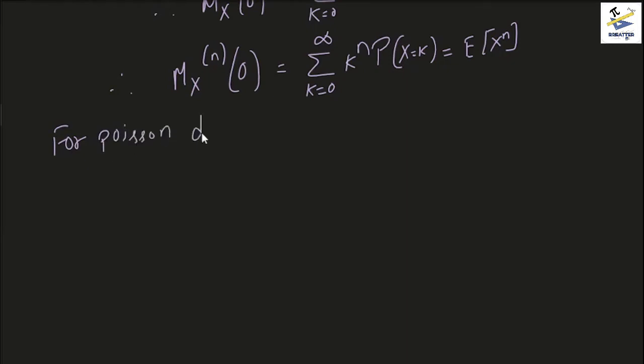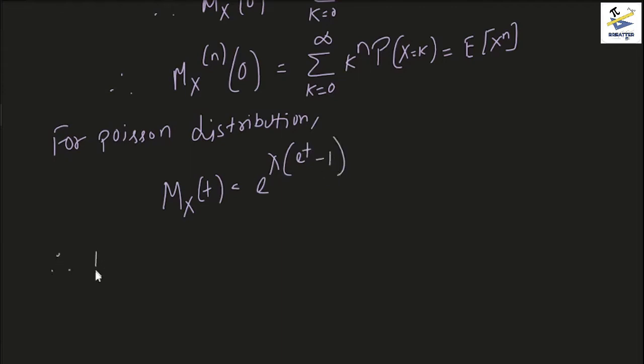For the Poisson distribution, we have that, therefore, let us find the three derivatives first, and then we shall move on to find the moments.